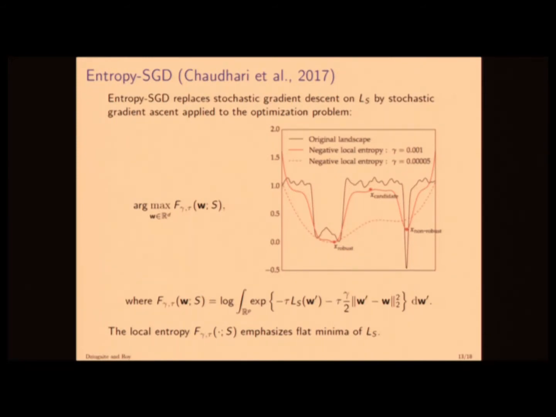When you look at the local entropy now, a transformation of the surface, it emphasizes the flat minima. Or at least that's the one-dimensional picture. I actually don't entirely understand the high-dimensional picture. Maybe no one does. All right, so that's the idea, that this surface emphasizes flat minima. Ergo, it should work better.